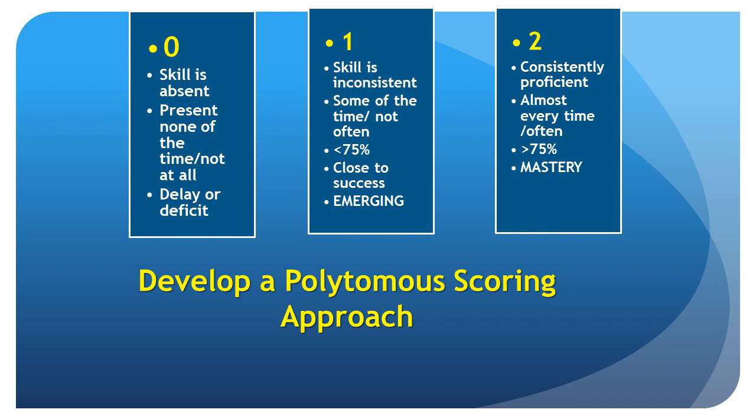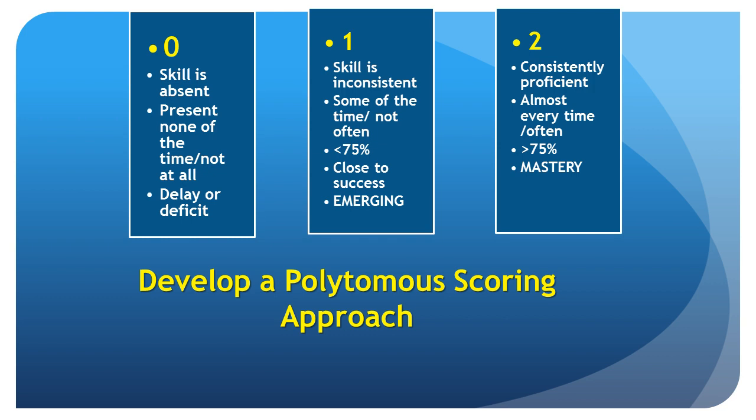So in order to achieve this refined gradient, I elected to use a Polytomous Scoring approach of a 0, 1, 2. There's an obvious difference between the child who receives a 0, where the skill is totally absent, and the child who receives a score of 2, where the child is proficient.